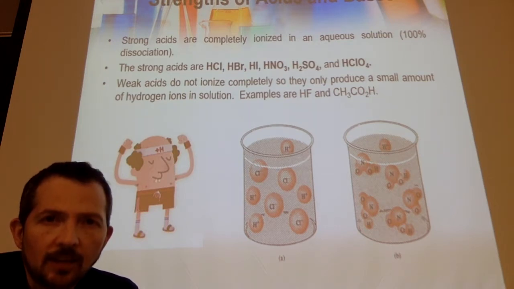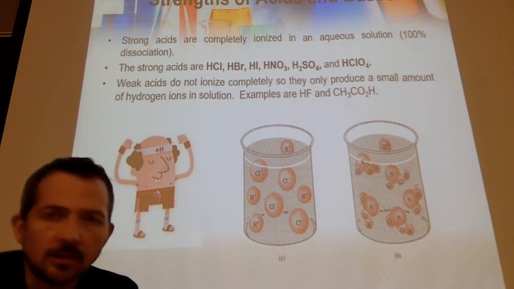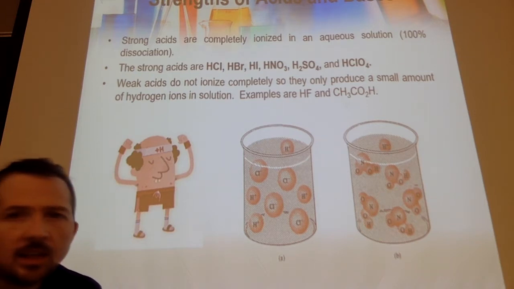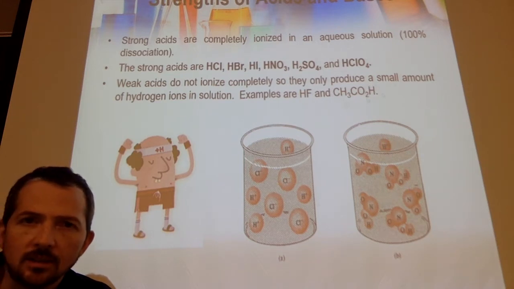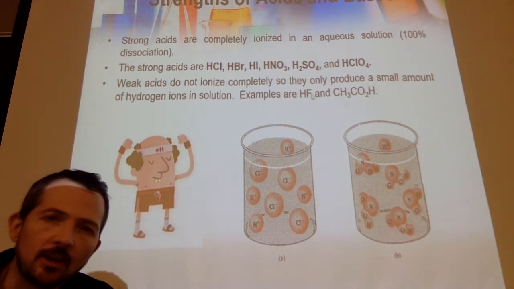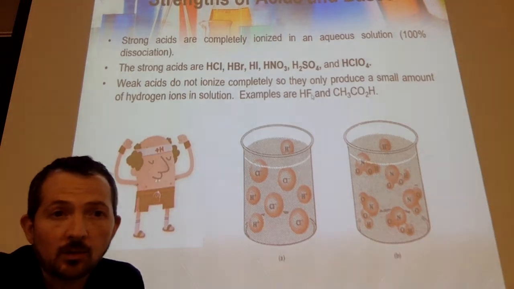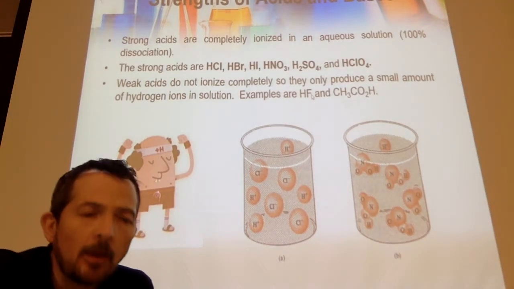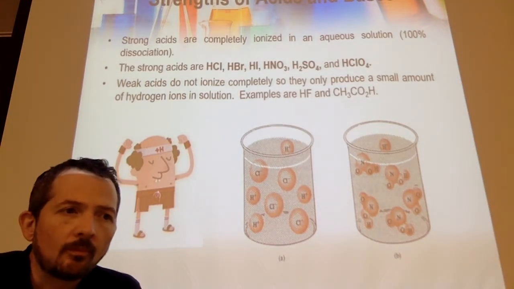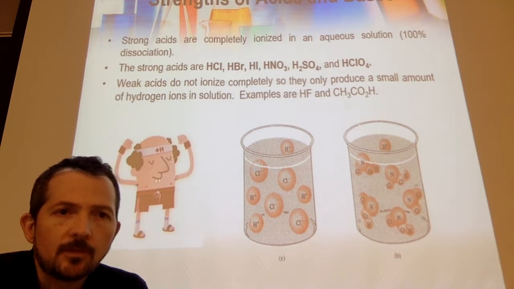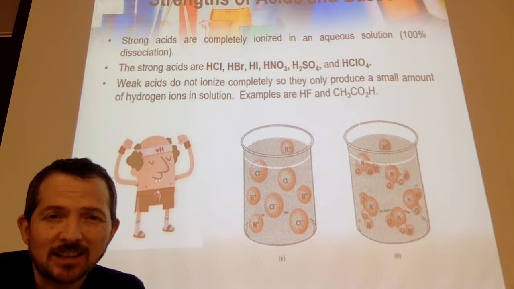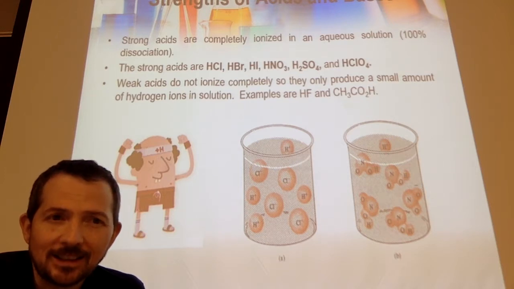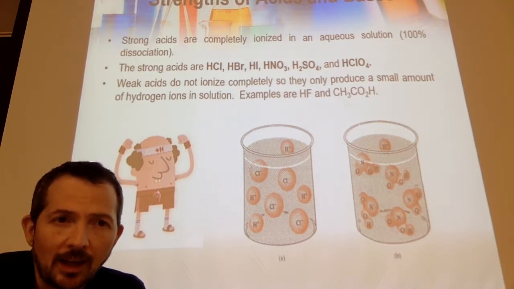So examples of weak acids are HF, hydrofluoric acid, and acetic acid. Acetic acid, CH3CO2H, is just vinegar. Now, hydrofluoric acid is an example of a weak acid, but it actually has to be stored in plastic containers, because if you put it in a glass container or porcelain or anything, it'll actually eat through it.